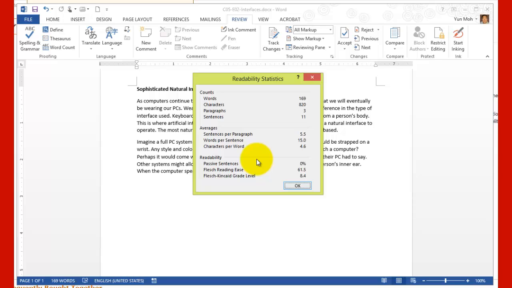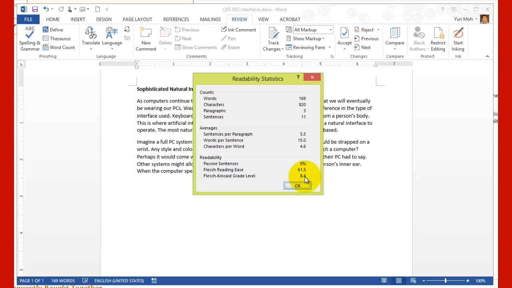So is it high or is it low? Well, another way of looking at it is this Flesch-Kincaid grade level. So basically that means somebody in the 8th grade, I guess that's middle school or high school, now I think of it. So somebody with basic high school education should be able to understand it. That's the basic bottom line.